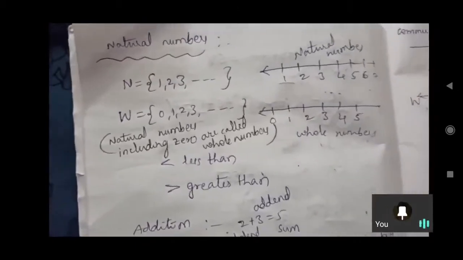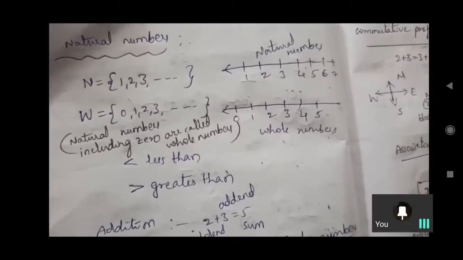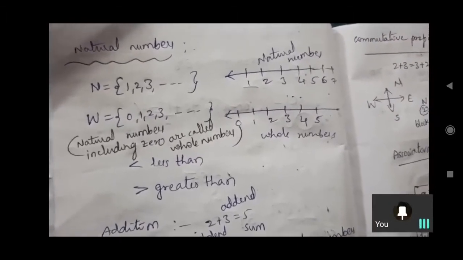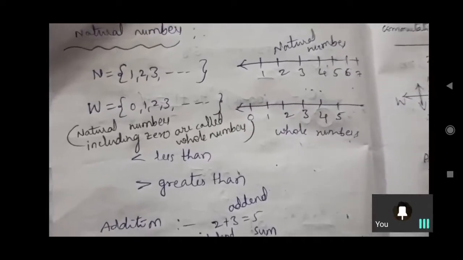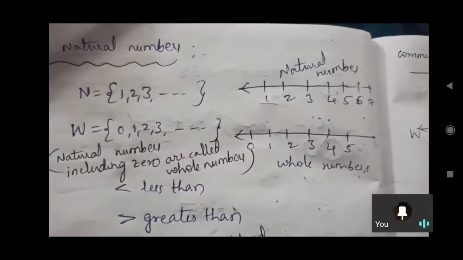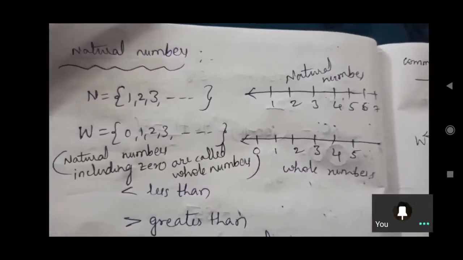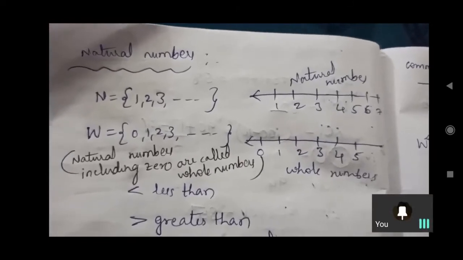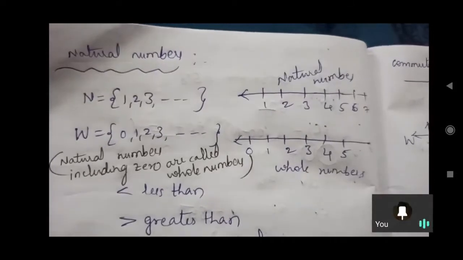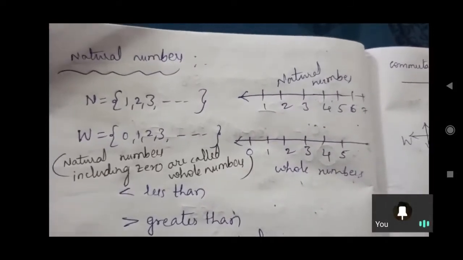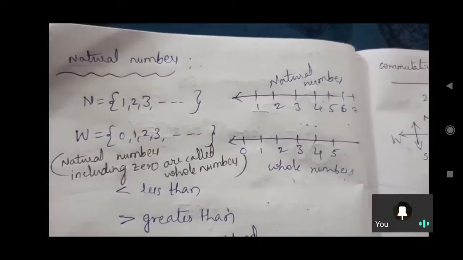Under this, first we have to discuss what are the natural numbers. Natural numbers start from 1. Yes? 1, 2, 3. On the number line, after 0, the right side of 0 we have to take as natural numbers. Okay. And whole numbers means including 0.